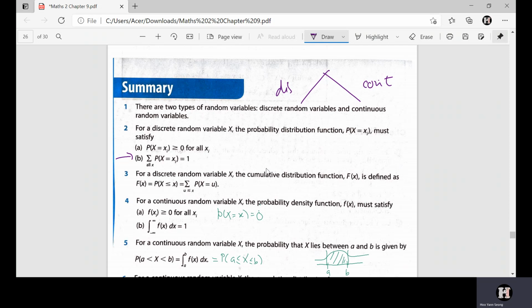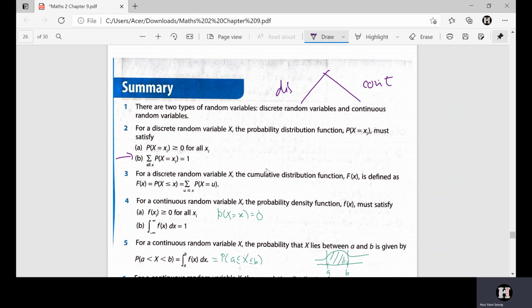Okay, and then for the continuous random variable, the probability density function, the small letter f, must satisfy being greater than or equal to 0 for all x, and the same as the last one, the total must equal 1.